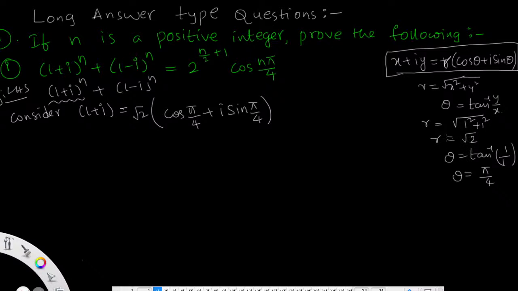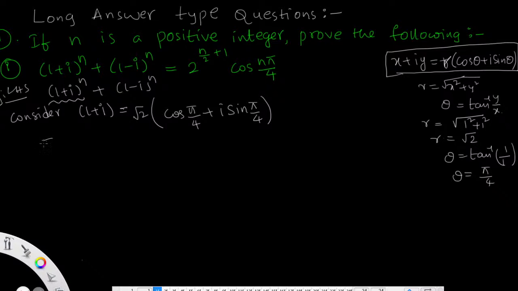So r is root 2. Theta is tan inverse of y by x, where y is 1 and x is 1, so theta equals pi by 4. That is, 1 plus i in modulus amplitude form is root 2 into cos pi by 4 plus i sin pi by 4.